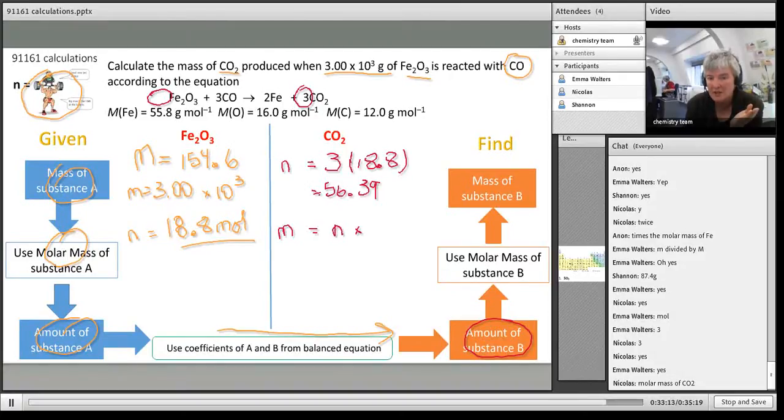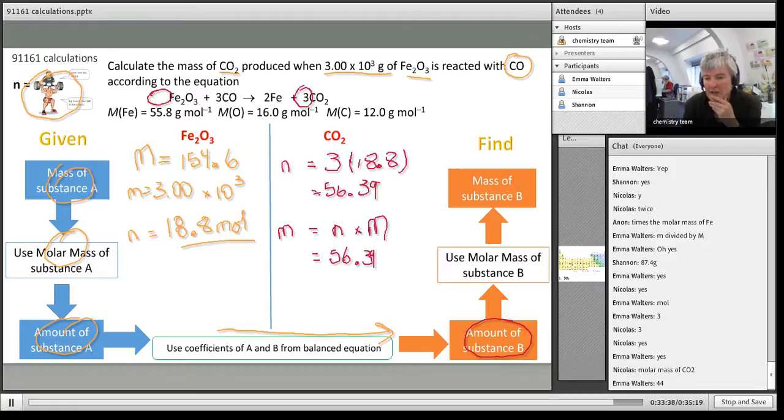And as I say, use units to see if they cancel out correctly. Do you land up with grams? So it's going to be 56.39. Now, does anybody know what the molar mass is for CO2? If you want to calculate it quickly, it's 2 times 16 for the oxygens, plus, correct, so plus the 12 gets to 44.